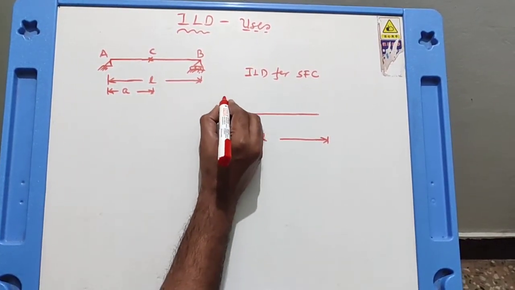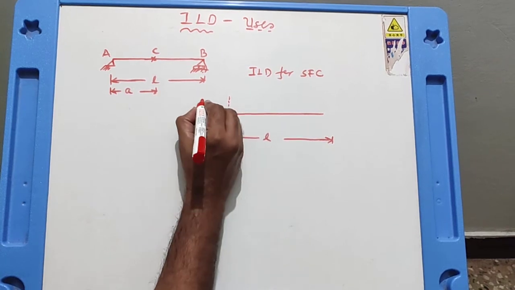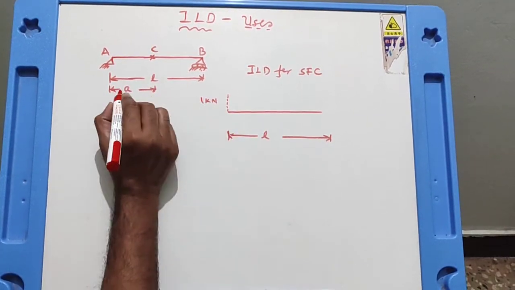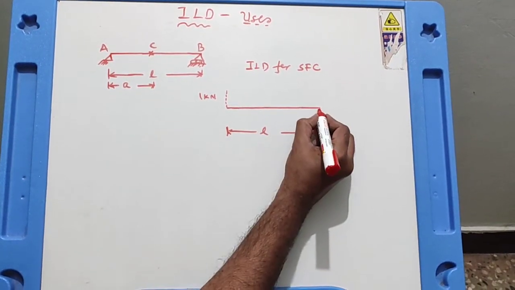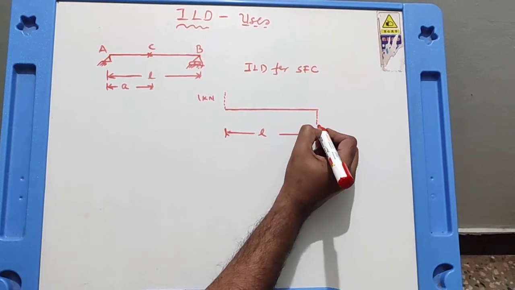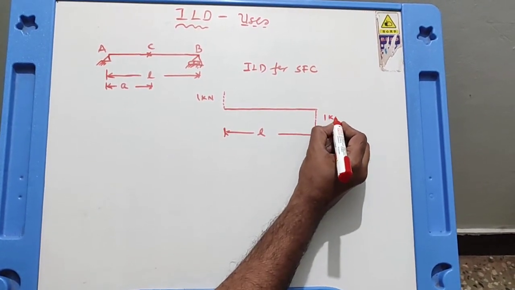And after that, erect 1 kilonewton here, because we have seen that influence line diagram is drawn for unit forces. That means unit load is allowed to move. Erect 1 kilonewton down here.